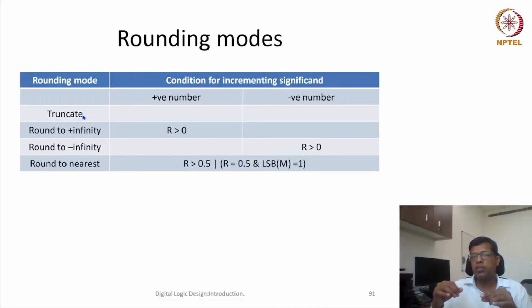In round towards positive infinity, if the number is negative, then whatever the residue part is, we can leave it, because that number would be closer to positive infinity.